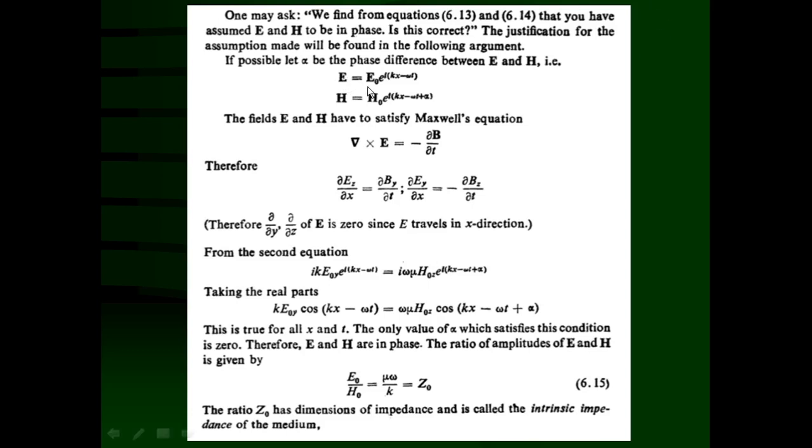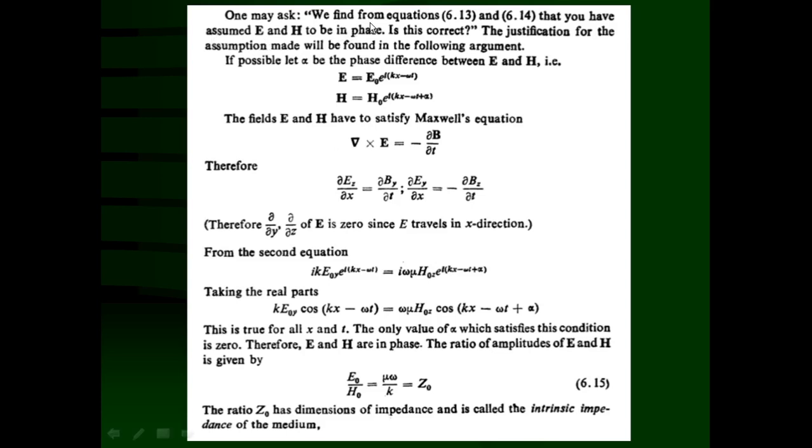That means E is equal to E0 e raised to i(kx minus omega t), and H is equal to H0 e raised to i(kx minus omega t plus alpha). That means theta 1 and theta 2 have a phase difference of alpha. We have introduced the phase difference alpha. We'll find out what should be the value of alpha.